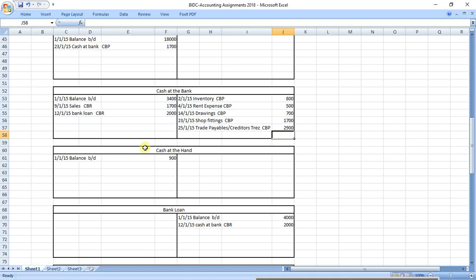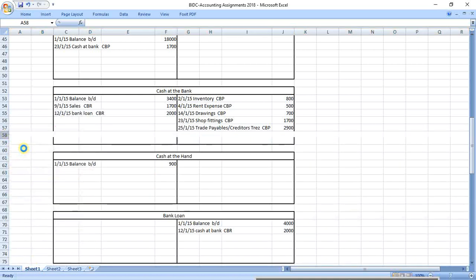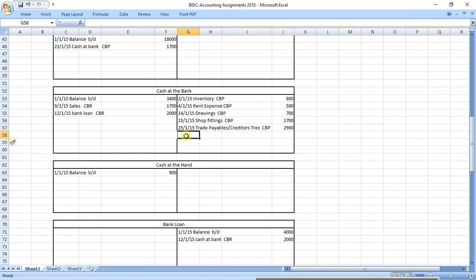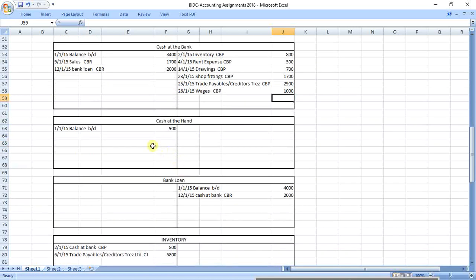Paid assistant wages in cash. See there, at least they're saying cash. So cash at bank. Okay, so it would be wages. CBP. Looks like 1,000. Yeah. And this was on the 26th. Okay, do we have an account for wages? No, so we have to draw it up.